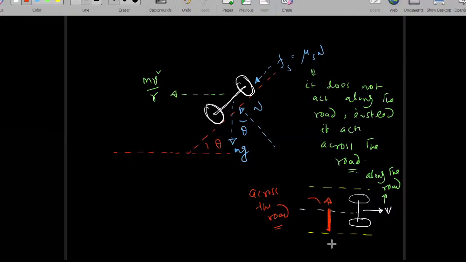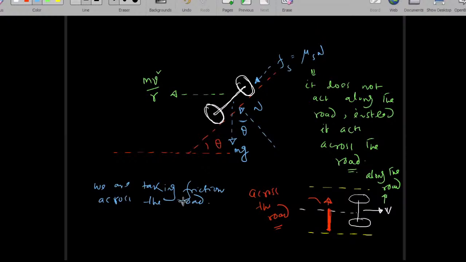So why am I taking the friction across the road? We are taking static friction as Fs across the road because otherwise the car will swing sideways.